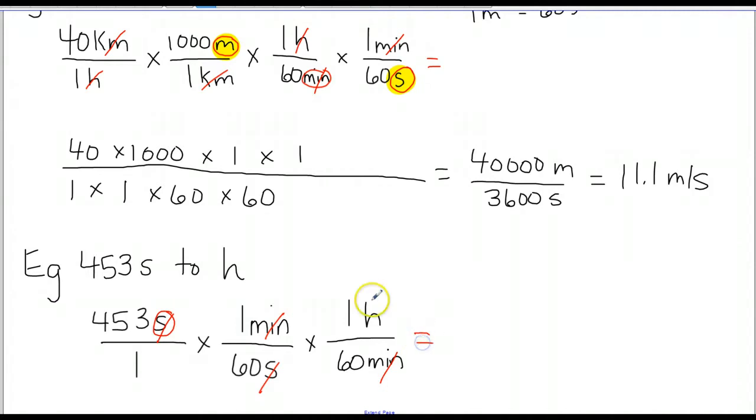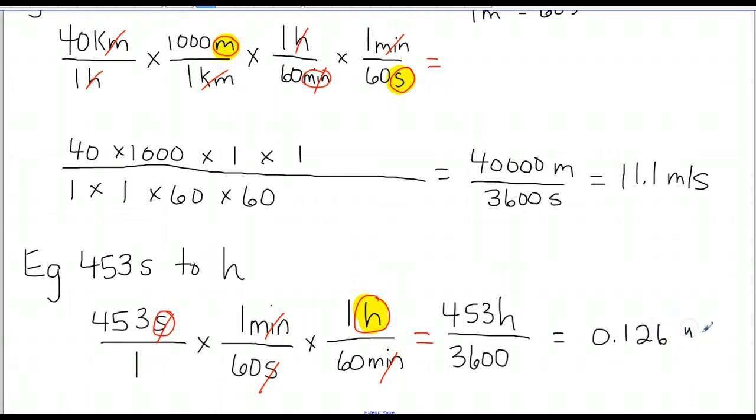We're left with just hours, which is what we want. And now we just complete the operation on the top, divided by the operation on the bottom. So we are left with 453 hours. And notice how there's no units on the bottom, which is what we want. And we end up with 3,600. And so therefore our final answer is 0.126 hours.